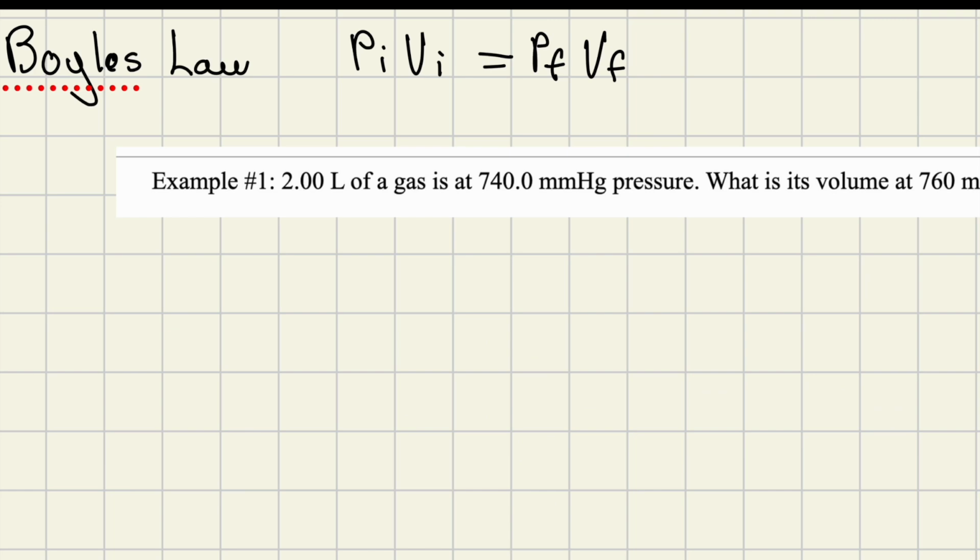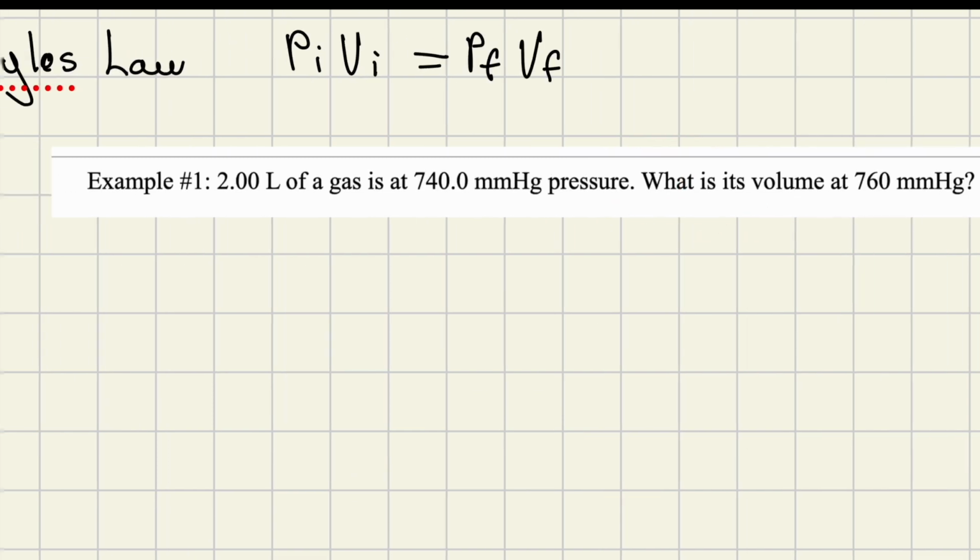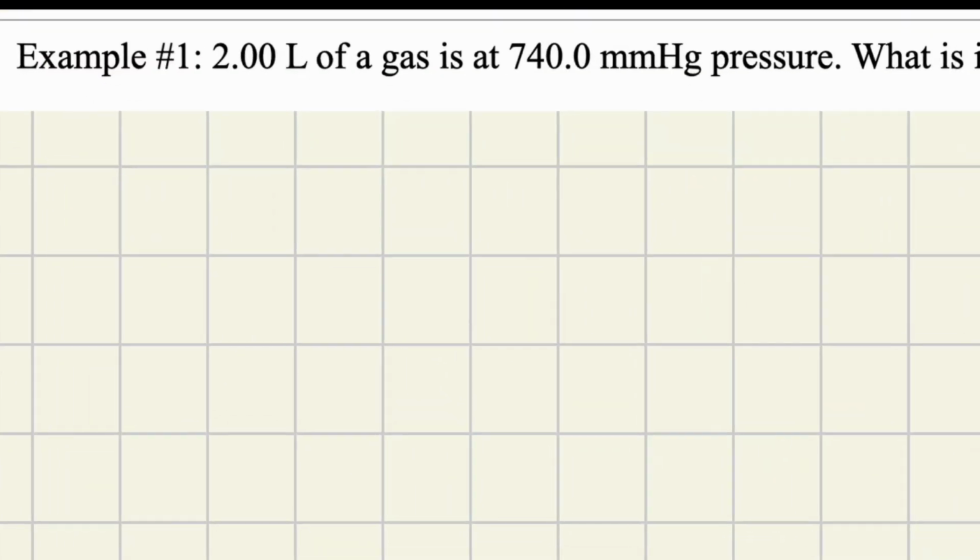Boyle's law works like this. These are two initial, did I spell initial right? Initial, hopefully. These are two initial values, and they tell us, okay, later on, what would our volume be at a pressure of this? So this is how we'll do Boyle's law.